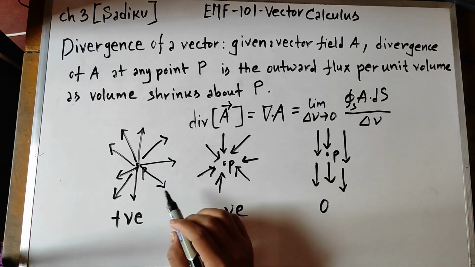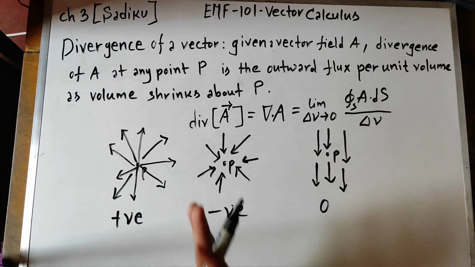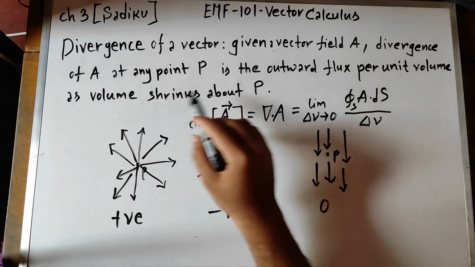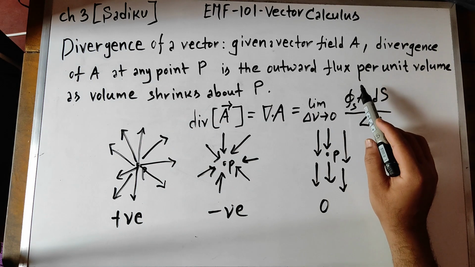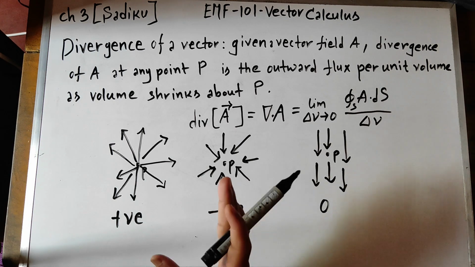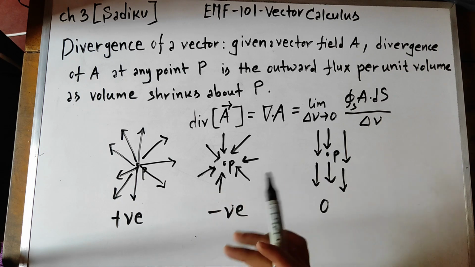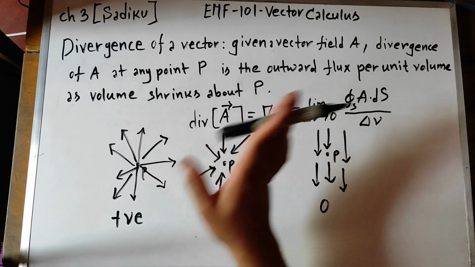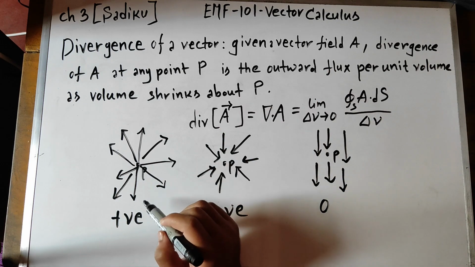This is the positive divergence, the main divergence as we have defined it: the outward flow of flux per unit volume about point P. So the flux is going outwards from the point.